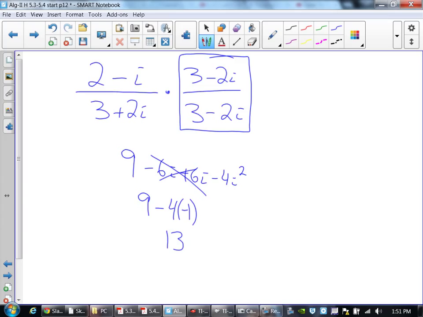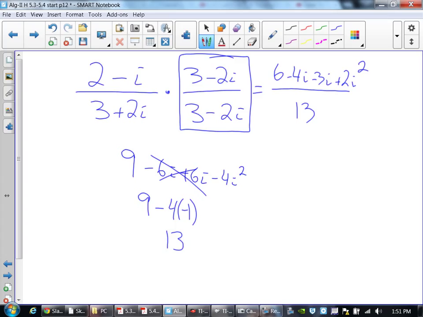What do you do to the numerator then? FOIL it and simplify. So you FOIL out the numerator. We know the bottom was 13. We get 6 minus 4i minus 3i plus 2i squared. And is it okay to have i in the numerator? Yeah. Absolutely.